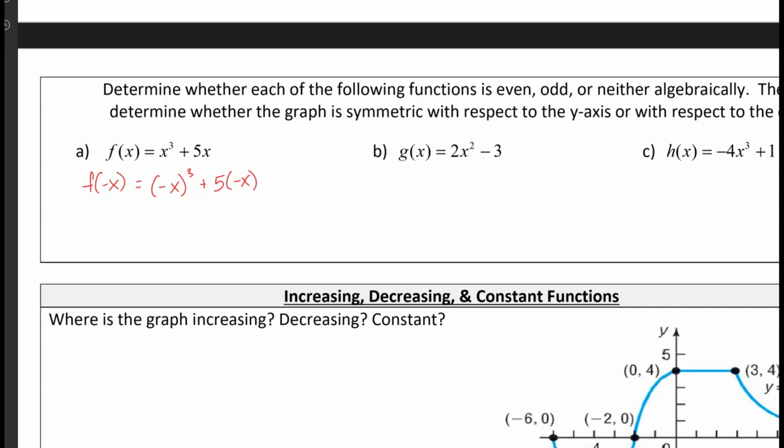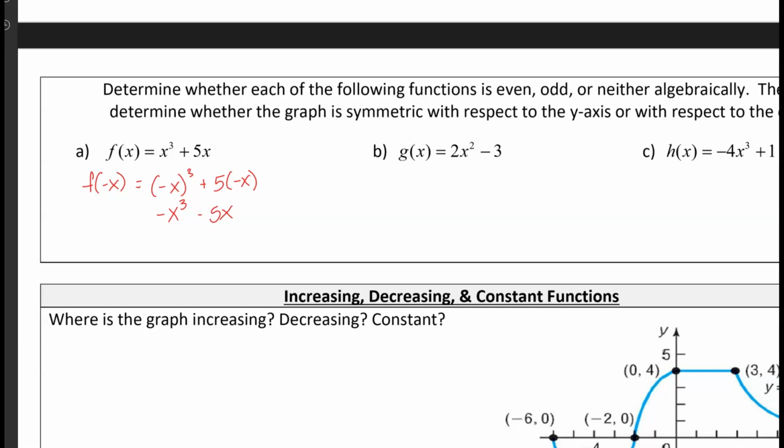So negative 1 cubed is negative 1. So this remains a negative, and the x is cubed. What about 5 times negative x? They also struggled with this. I think that they just got hung up. Yeah, it's just negative 5x.